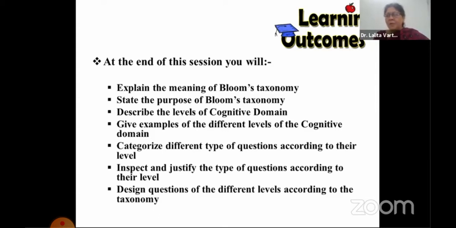From the outcomes, you must have realized that when we are talking about questions, there are different levels at which we can test our students.